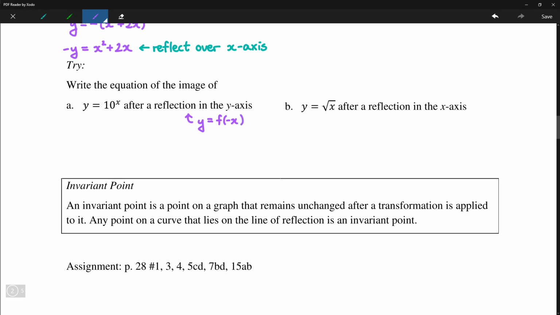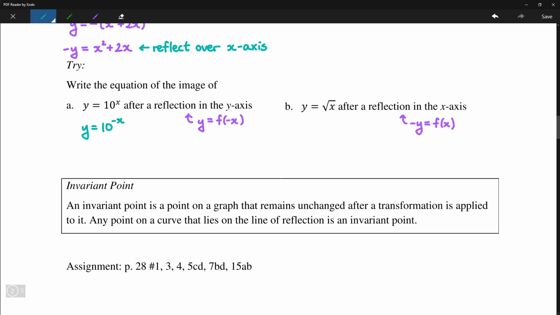And since we're here, a reflection in the x-axis means we have negative y equals f of x. And then instead of the generic f of x function, we look at the specific function that we're dealing with. So in this case, we'll have y equals 10 to the negative x power.